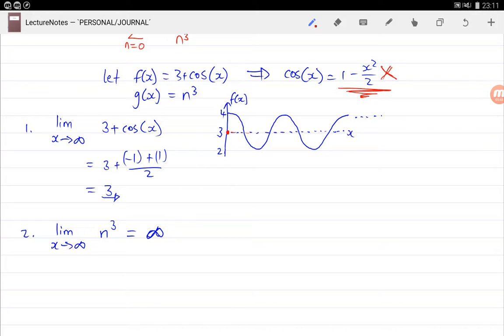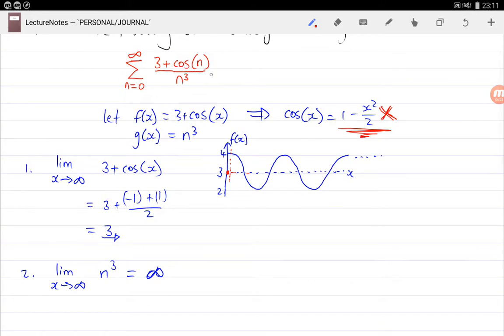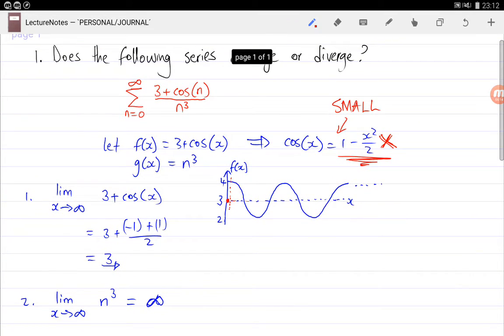So we cannot use it when we're approximating x to infinity. We only use this when x is still very much smaller than even 1, but still positive. And for testing for convergence, we want x to be very large. So this is called the small angle approximation. This identity we cannot use here, because what we do here is for large values of n.